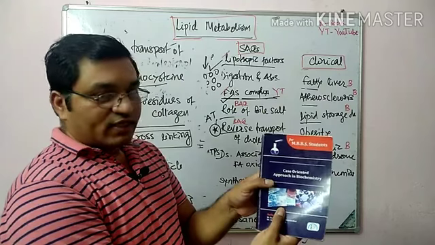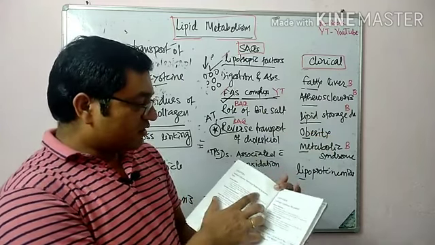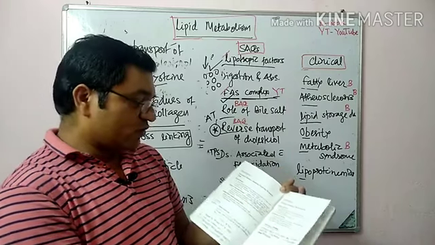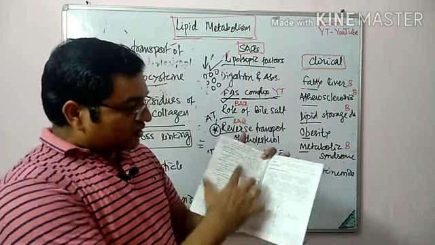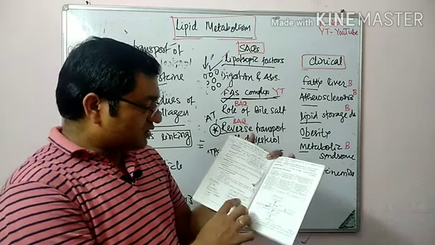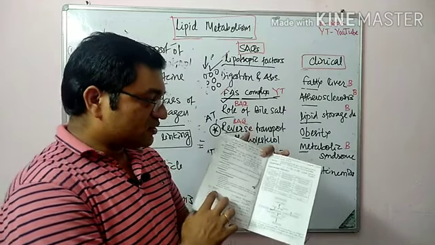This is a case-oriented approach in biochemistry. Then Refsum's disease, Jamaican vomiting sickness, Zellweger syndrome, pyoderma. Atherosclerosis is discussed here, with the steps in atherogenesis, and risk factors.